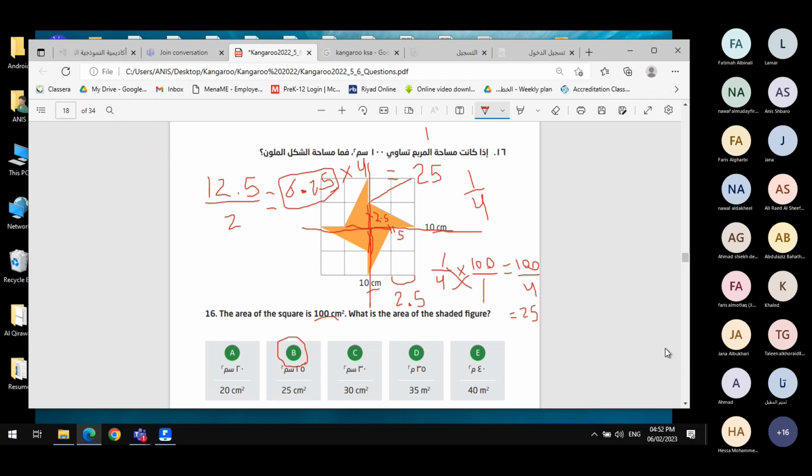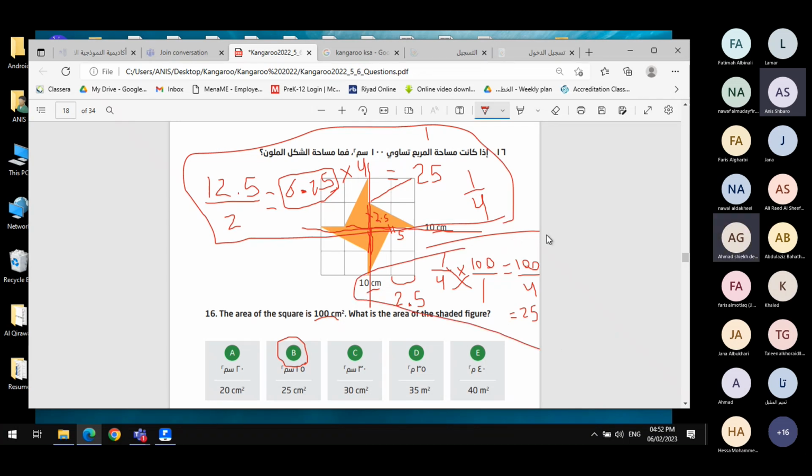I'm only taking LCM right now. Yes, it doesn't matter. No need for you to work this way. I solved that in both ways because this way grade 5 knows and this way grade 6 knows. So we solved it in both ways and you can do it in any way you want.